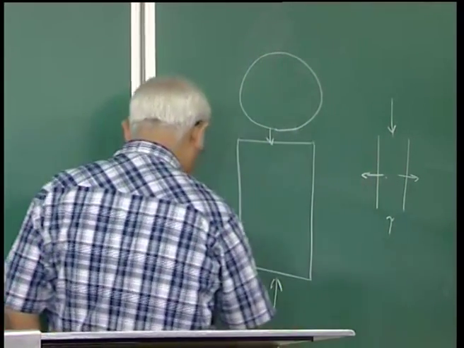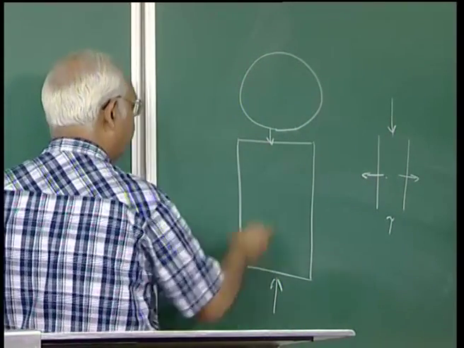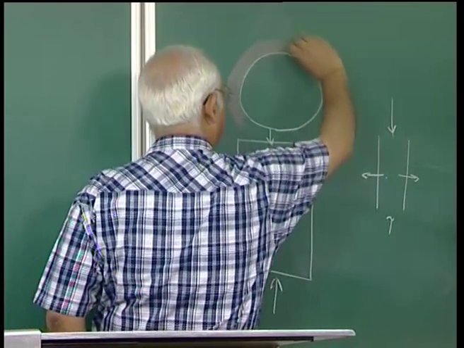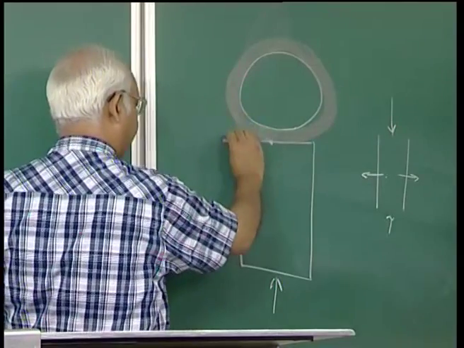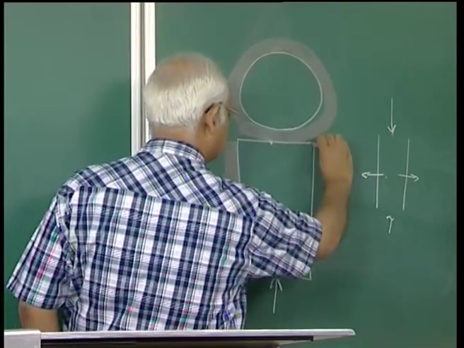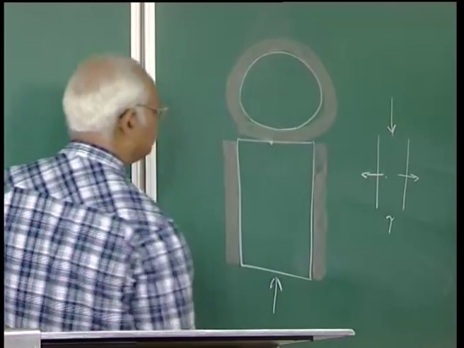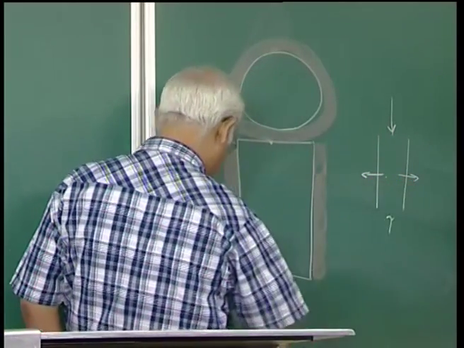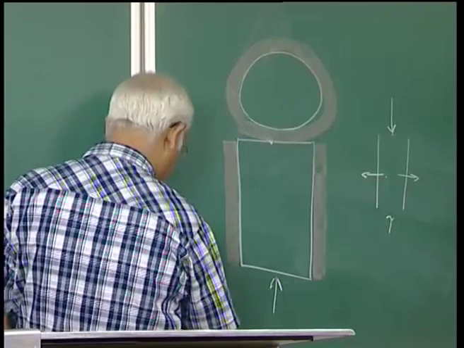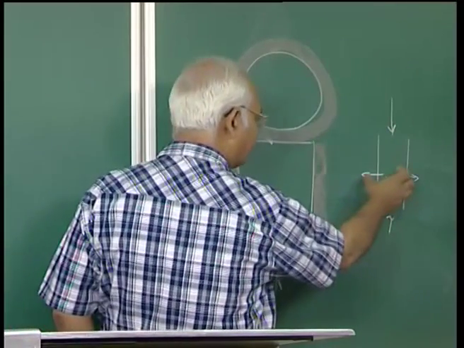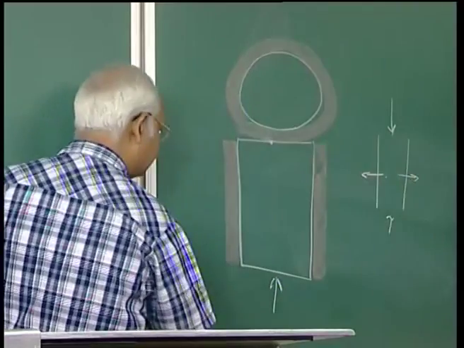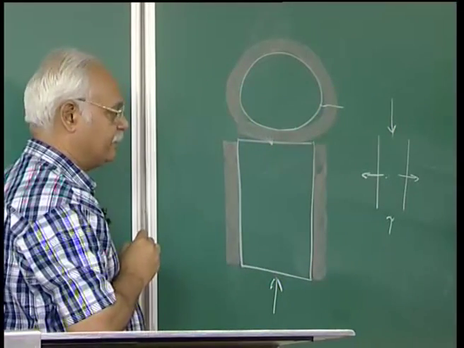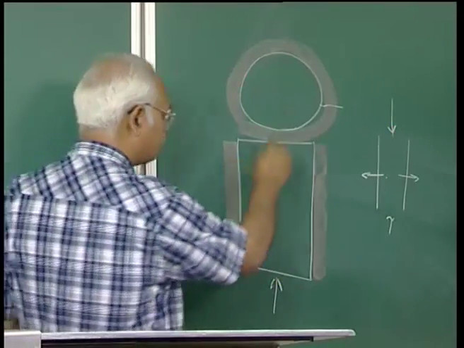Now, if we are able to wrap this concrete, which is something like this in the front view, then this tendency to expand is arrested, because in order for the concrete to expand, this has to cause failure of these fiber sheets.